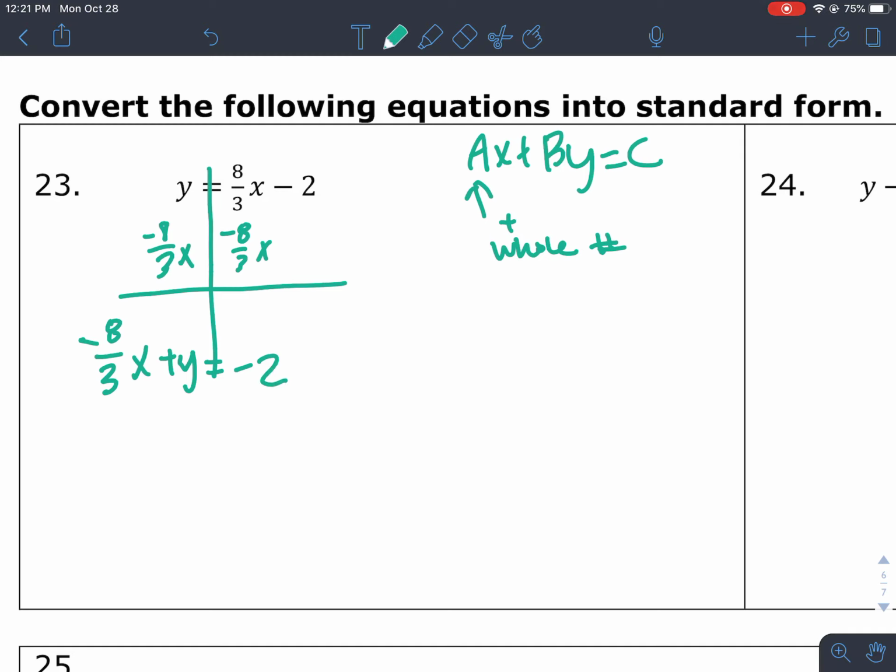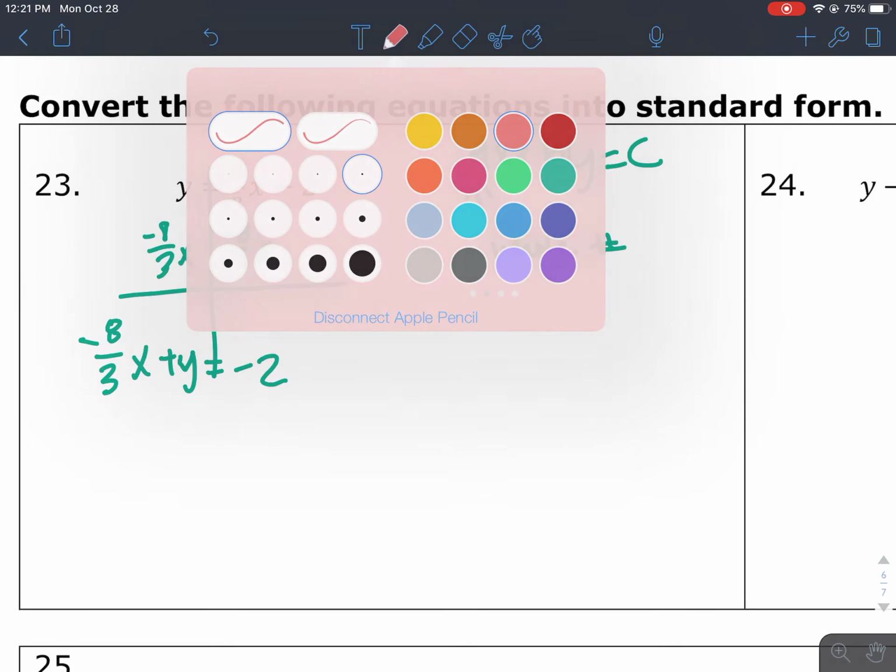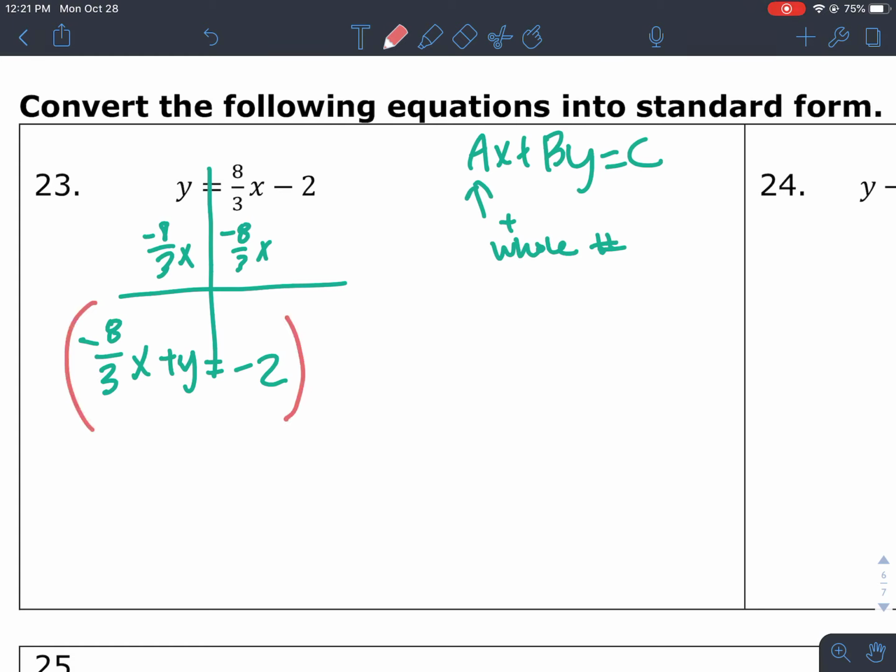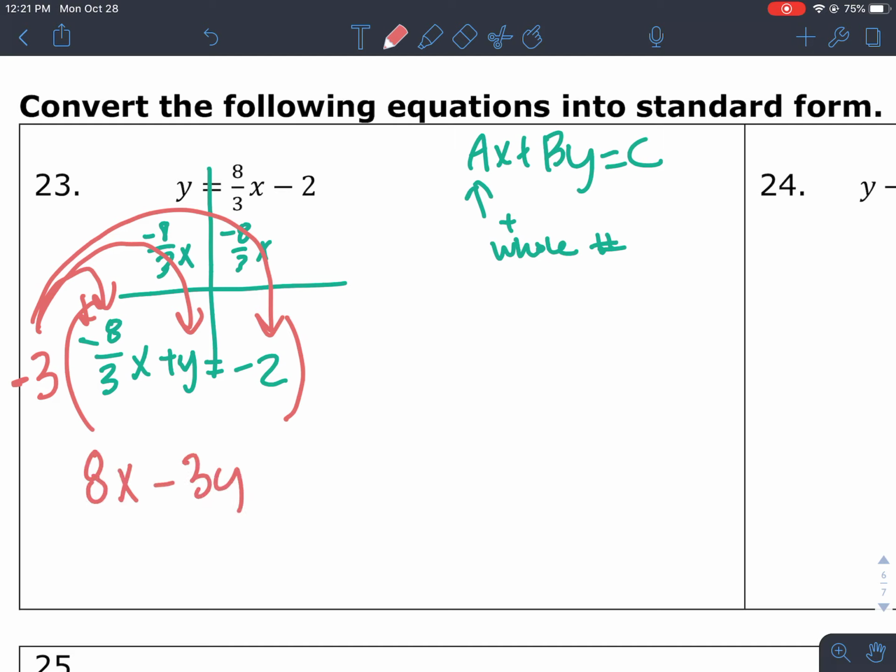So I have my x and y on the same side, but now I need to make sure that first number is a whole number. So I'm going to multiply it by the denominator, and then I have that negative there, so I'm going to multiply it by another negative because a negative times a negative is a positive. So multiply or distribute that -3 to everything on the inside. And so I'm left with 8x minus 3y equals 6.